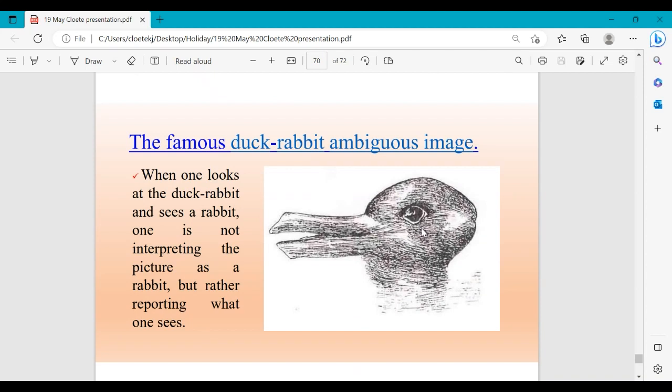Now, before we end off the session, I want you to have a look at this image here, right? If you look at it quickly, you see a duck. But if you look at this for a long time and you really look at it from different angles, it almost looks like there's a rabbit in the image.